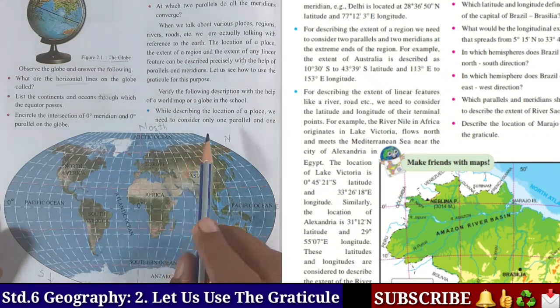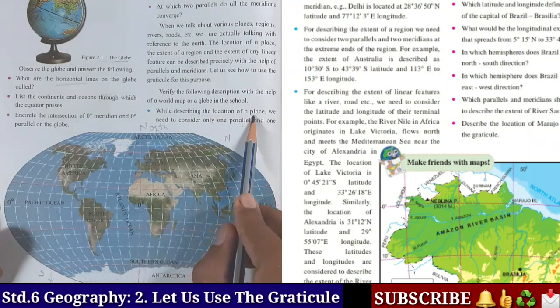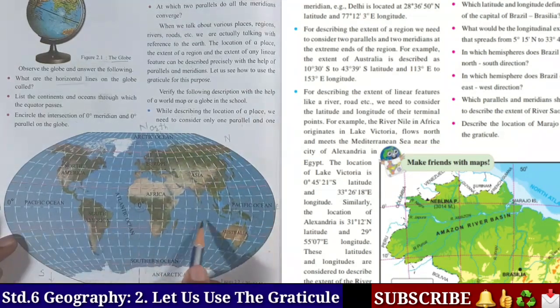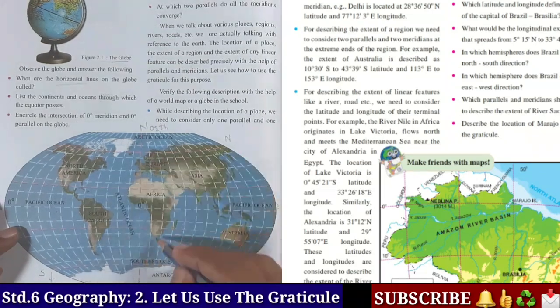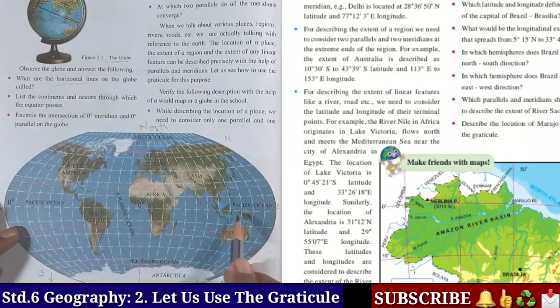So whenever you are describing the location of a place, we need to consider only one parallel and one meridian. Okay students, one parallel and one meridian can be used to identify the location of a place.